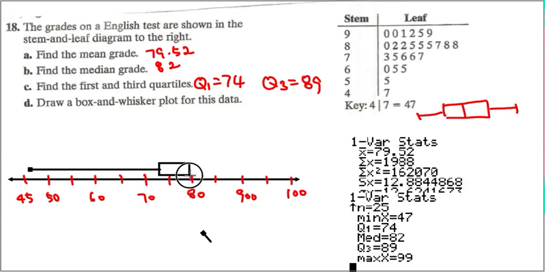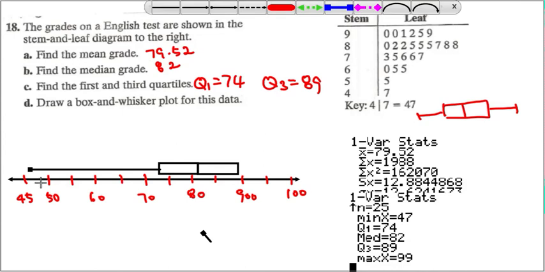The box has to go all the way up to 82, and another box from 82 to 89, and then the next one is all the way up to 99.